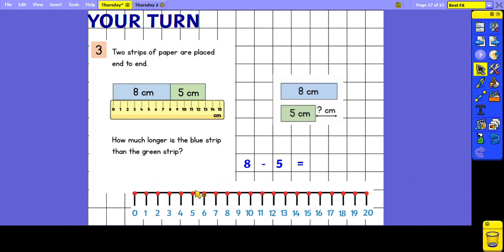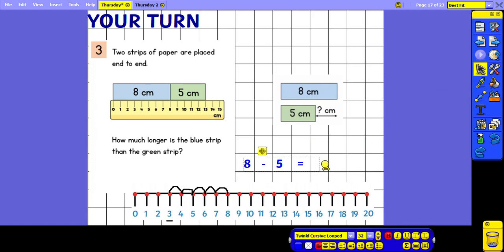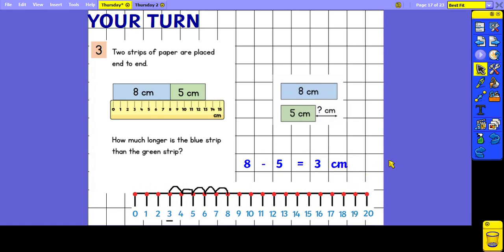I can use my number line again to start on 8 and then jump backwards 5. 1, 2, 3, 4, 5. And my answer is 3. That's 3 centimetres. So to answer the question, the blue strip is 3 centimetres longer than the green strip.